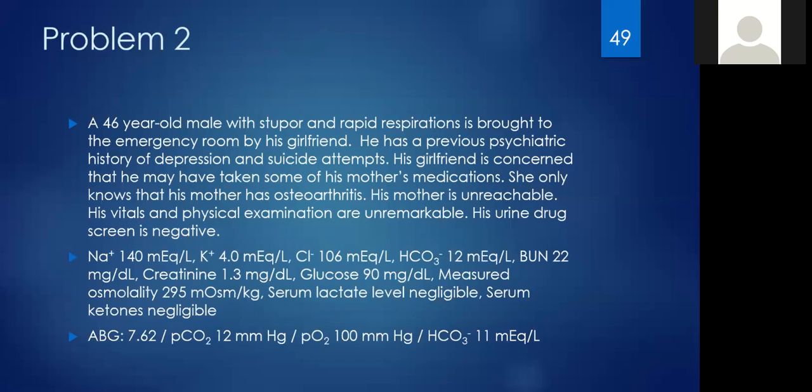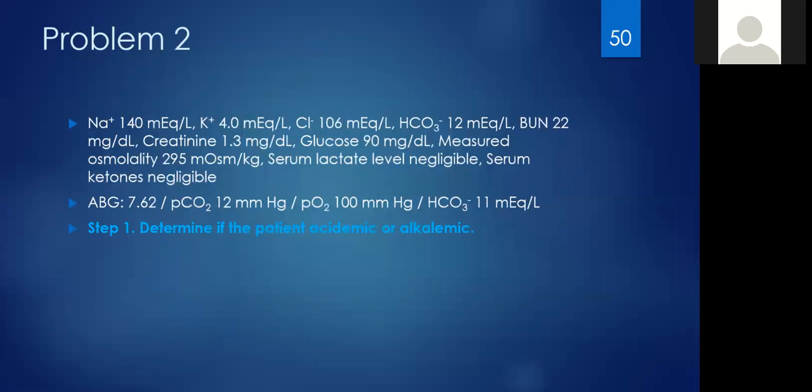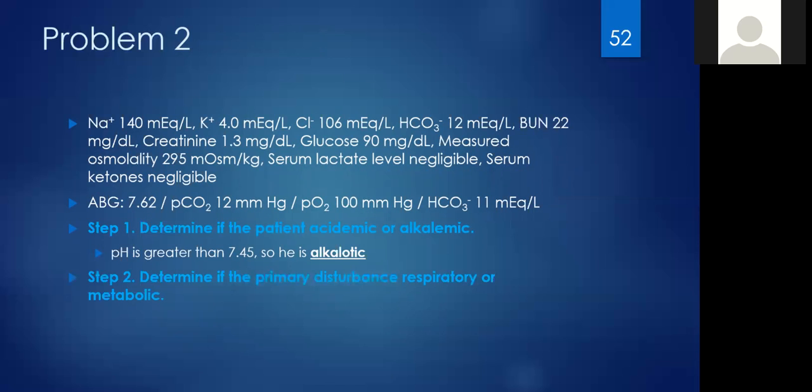So here are the labs for our patient, and we'll refer to these as we go through. I'll keep them on the page here. But again, step 1 is to determine if the patient is acidemic or alkalemic. We've got a high pH, greater than 7.45, so we know that the patient is alkalotic.